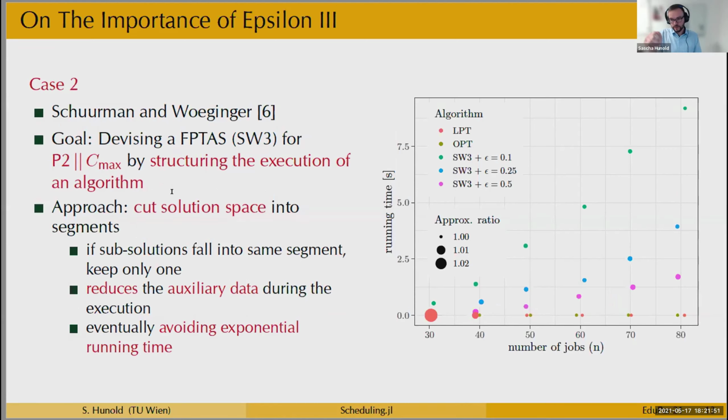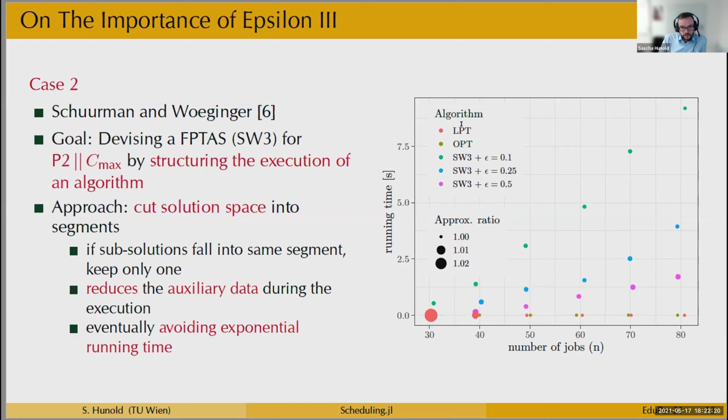So your epsilon is basically helping you to decide how much you reduce in this auxiliary data. And then when you analyze your running time versus the different things, you have here this SW3 algorithm with different precision. So 10%, 25%, 50%. Well, you see obviously that the closer you get to the optimum, you will pay with running time. Okay, that's not so hard.